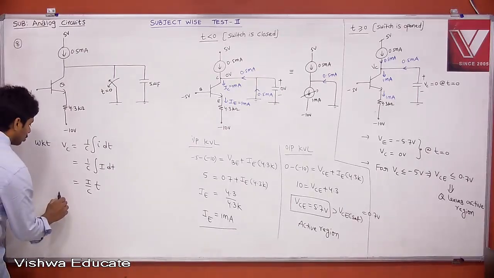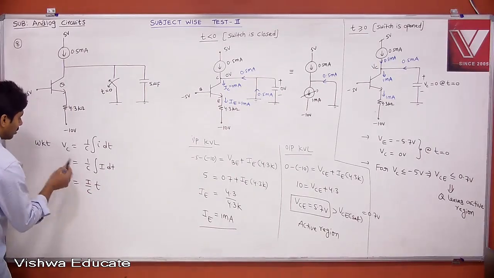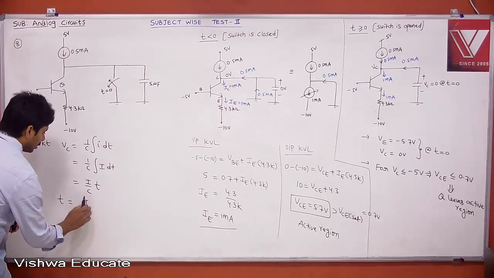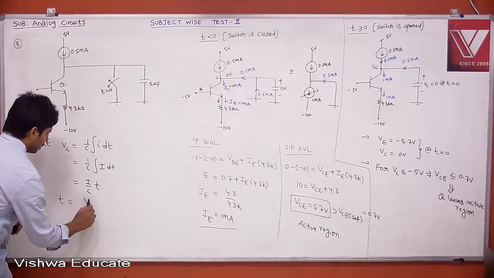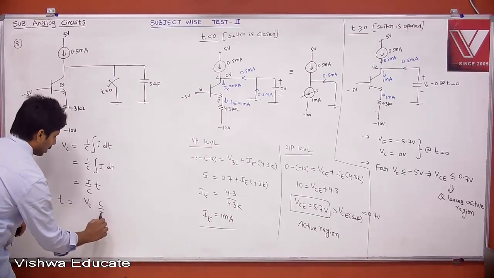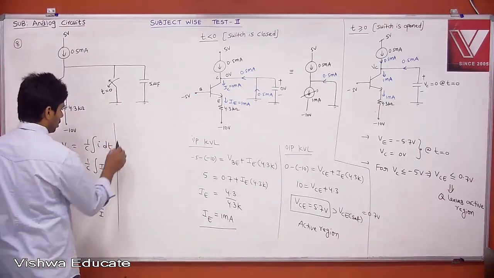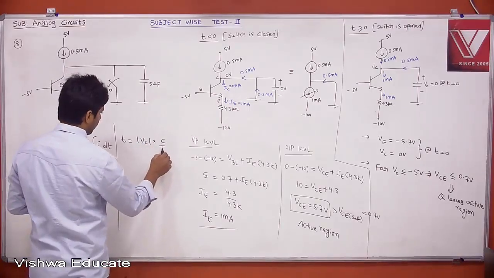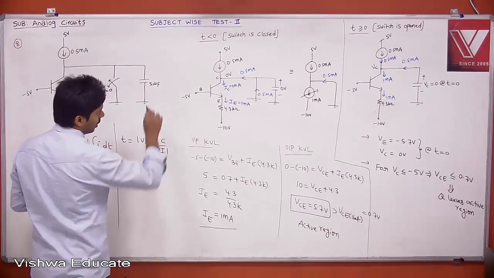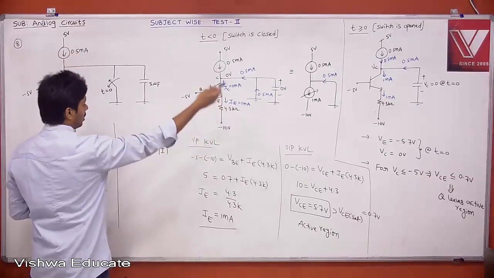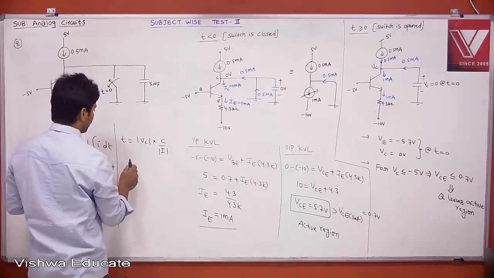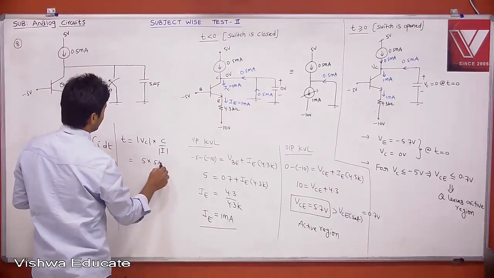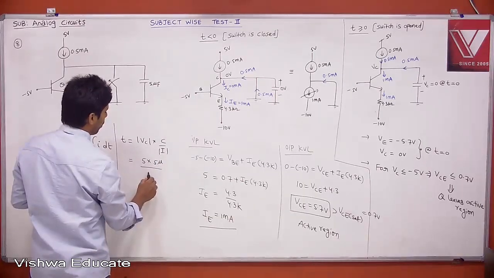Instead of having all those things, the time T is equal to Vc into C divided by I. Therefore, your time T is equal to mod Vc into C divided by mod I. If current is entering the capacitor, positive; if current is leaving the capacitor, negative. Anything is fine. Therefore, mod Vc is nothing but 5 into, what is C? 5 microfarad. What is the current? 0.5 milliampere.